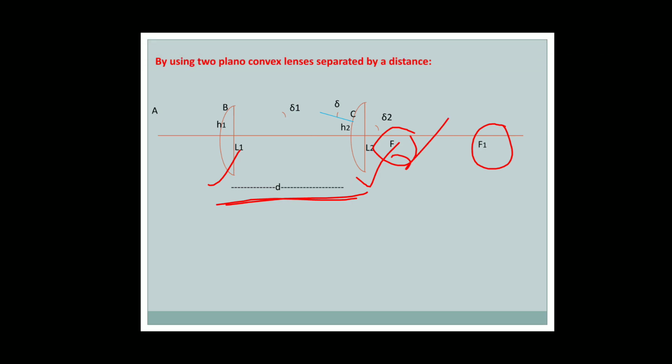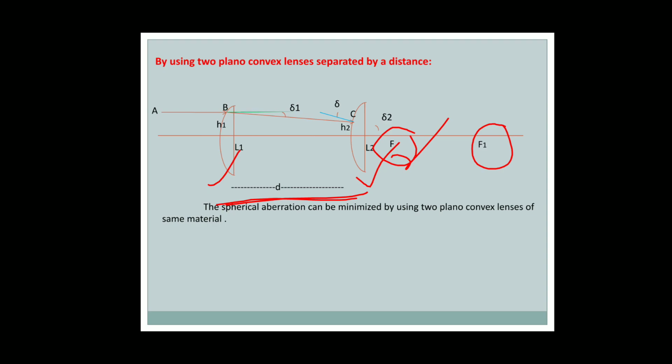Now, when the object is at an infinite distance, the rays coming from the object are parallel and incident on the convex lens L1 on the curved surface. We know at the curved surface, the ray is deviated along the direction of BC and incident on the curved surface of the lens L2.